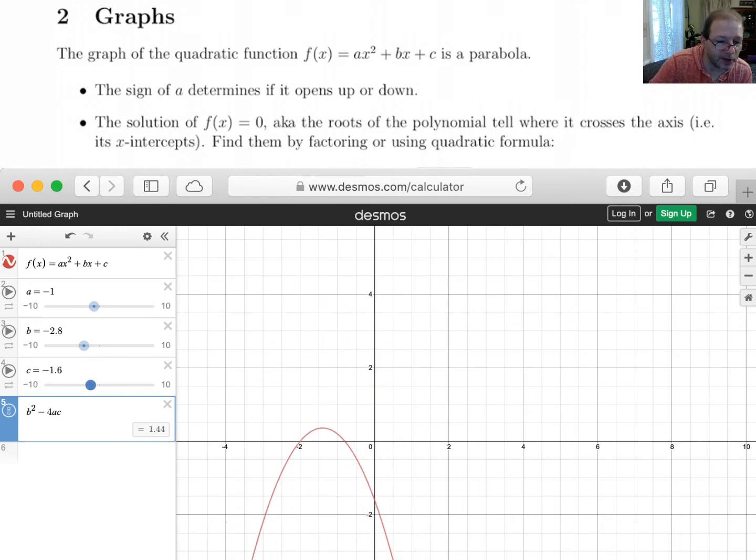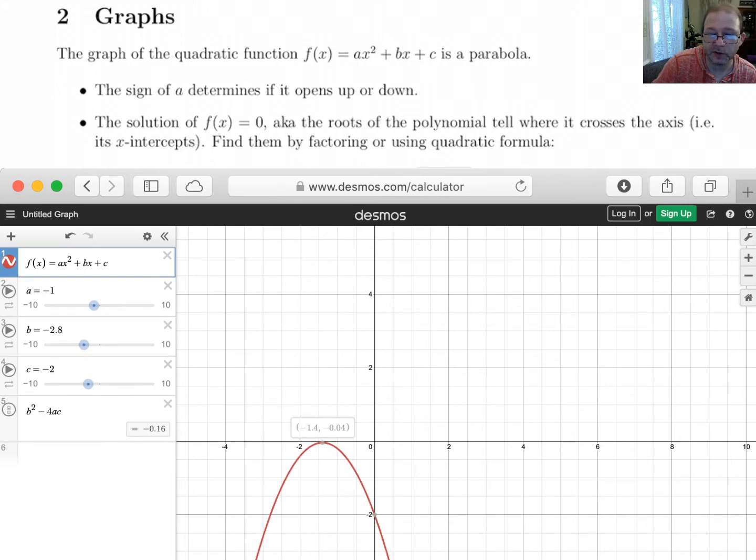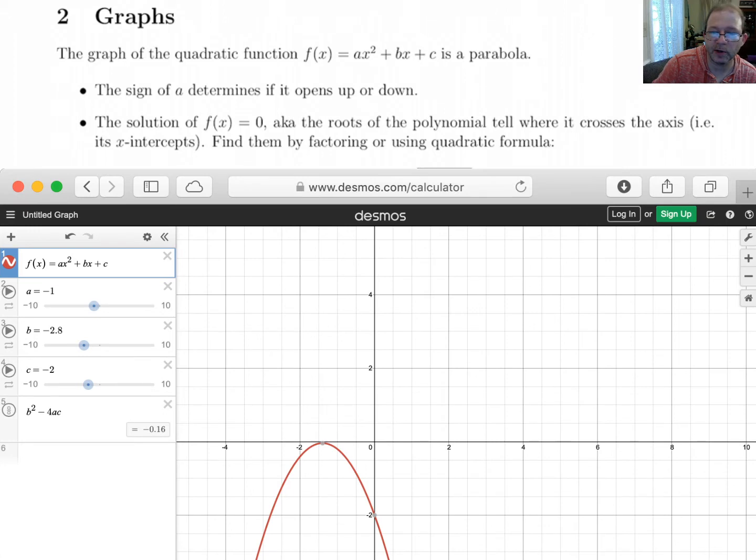And let's see, I don't know if I can get it to stop exactly on here. But if I could get it to stop exactly on the x-axis and just have a single solution there, it would be 0. I should be able to do that if I adjust my b. I'm going to make b equals 0.